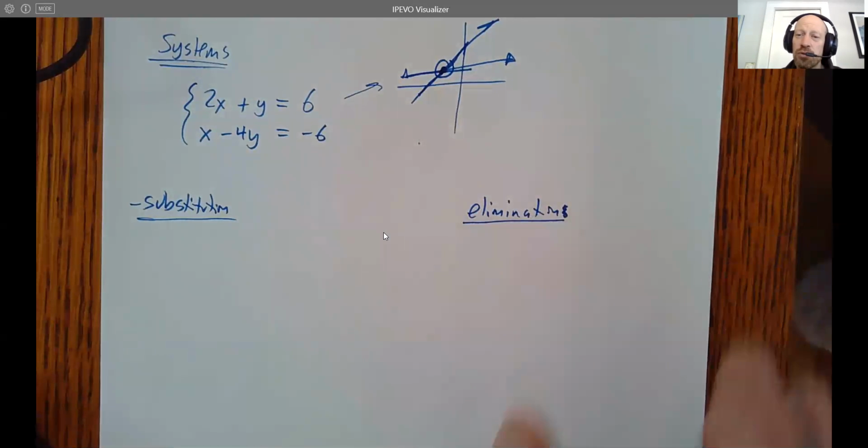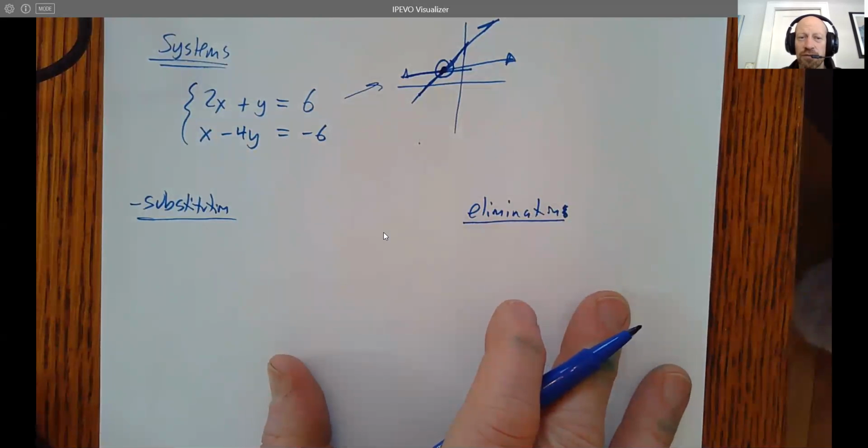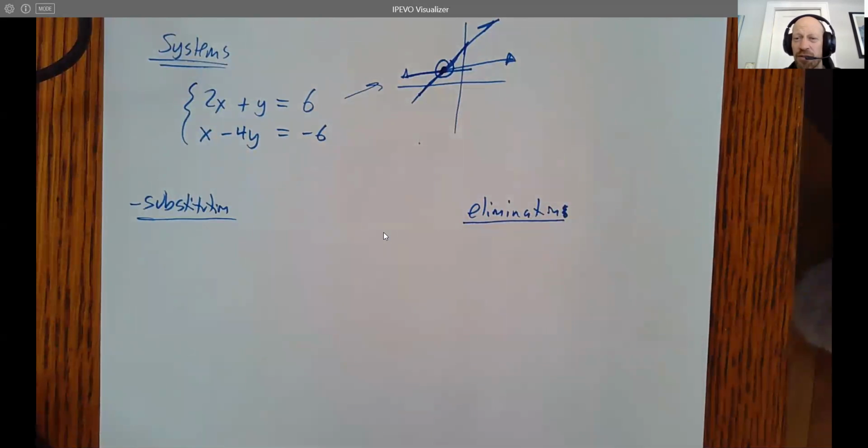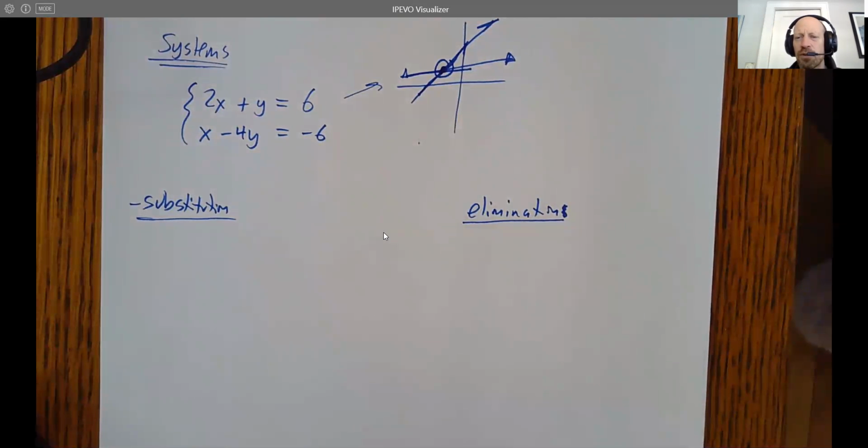Those are the two primary tools that we are going to use to solve these systems. And they both can solve any of these systems. So you could always use substitution or always use elimination, but there are situations where one is easier than the other. So we do want you to know both of them just in case.